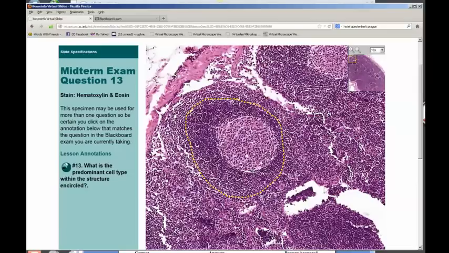Because remember, T cells hang out deeper in the lymph node, in the deep cortex, sometimes called the inner cortex. So B lymphocyte, B cell, B lymphoblast would be correct answers.